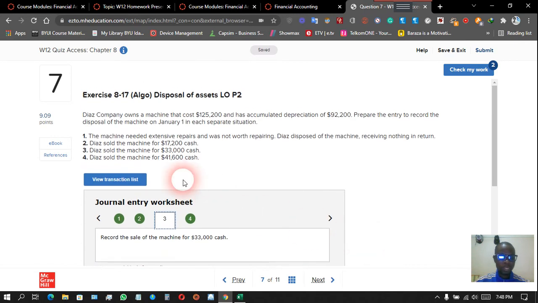Now, the last situation, we are told Diaz sold the machine for 41,600 cash.